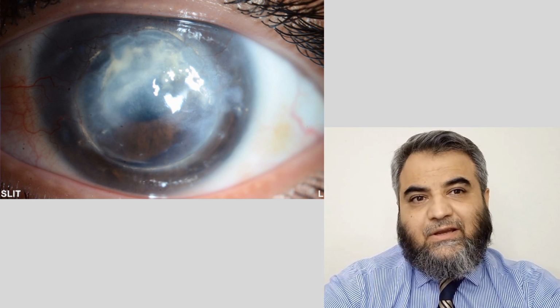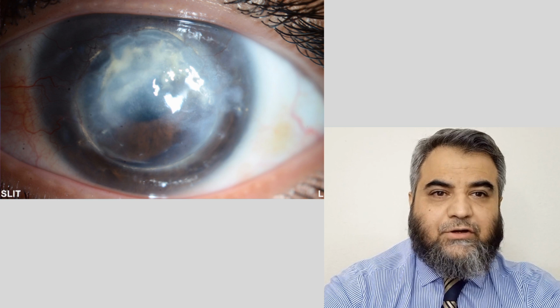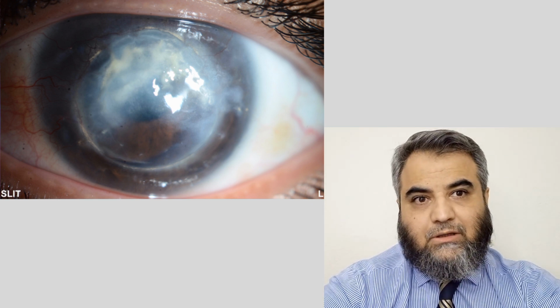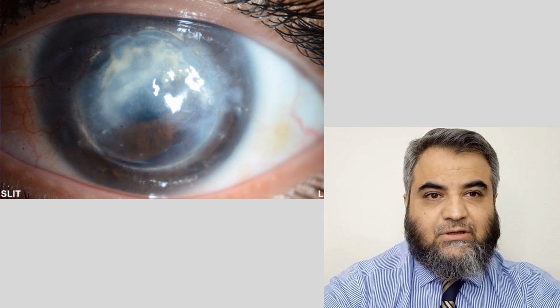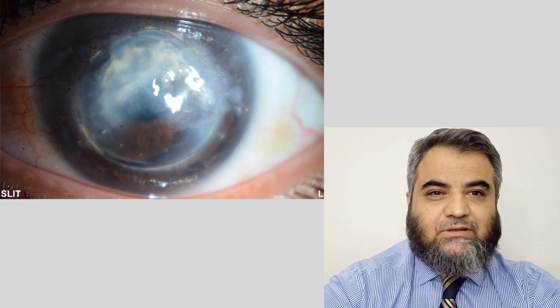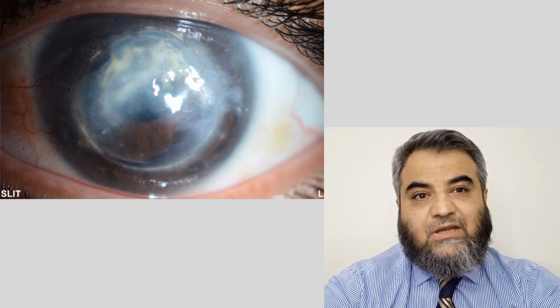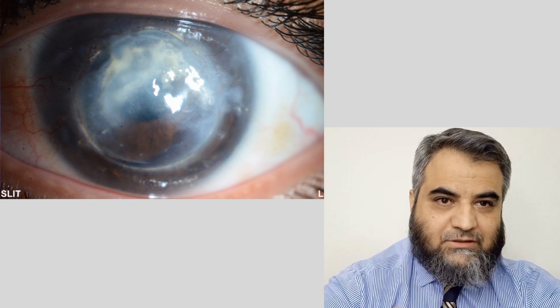So this was a very interesting thing which I wanted to discuss with my respected audience, how corneal transplantation can be challenging in some cases. That's why people are moving towards deep anterior lamellar keratoplasty.